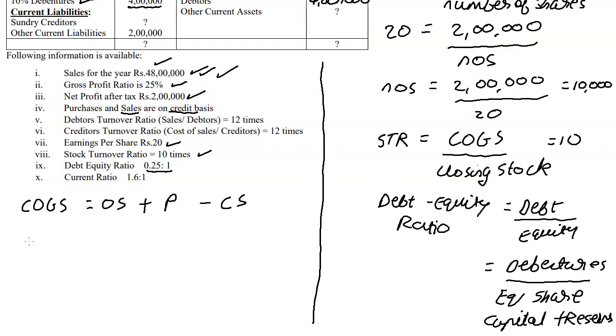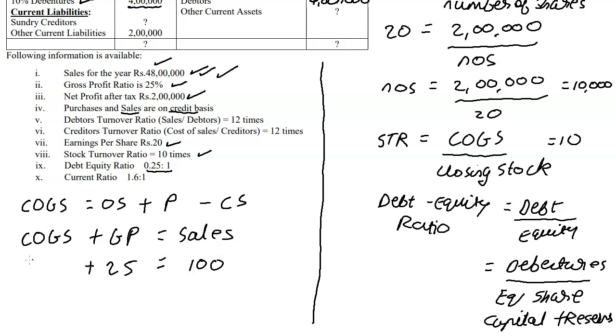We also know that cost of goods sold plus gross profit is equal to sales. And in this question, we know that the gross profit ratio is 25%. So gross profit is 25, sales is 100. And we can actually go backwards and say that cost of goods sold is 75.